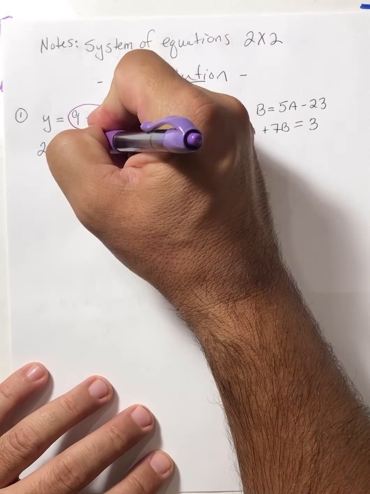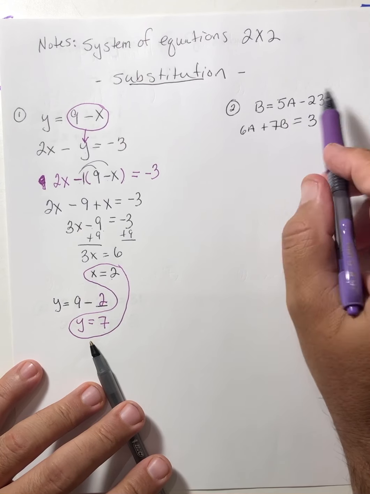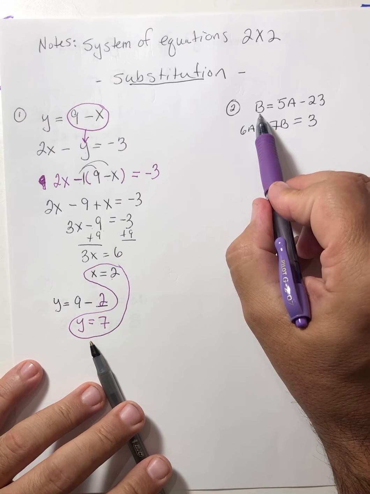Here's my next one. Another substitution. Notice you have your two equations. In this bottom equation, it says 6a plus 7b. This bottom equation does not say an a equals or a b equals. Up here we know b equals. It says b equals this mess. So that means all of this goes right there.